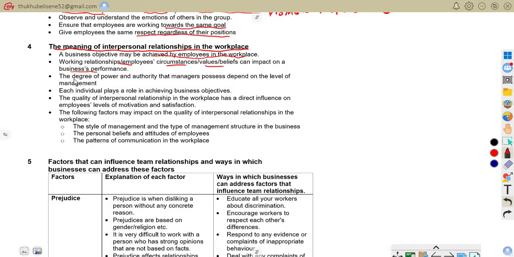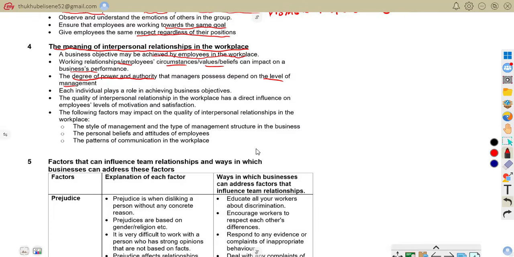Now, the degree of power and authority that a manager possesses depends on the level of management. A manager's authority depends on the level. For example, a supervisor may give daily instructions, but a director sets long-term strategy.